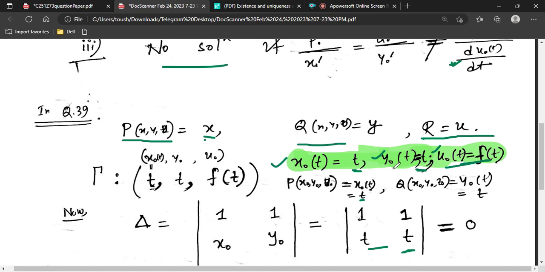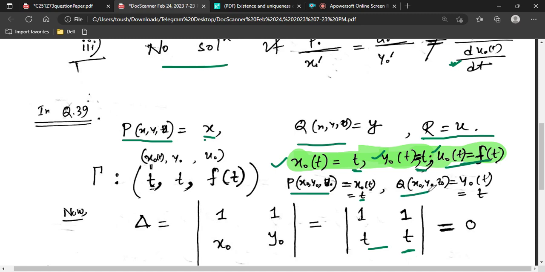Now if this is your (x0, y0, u0), what will be your p0, q0 and r0? Your p is x, so p(x0, y0, u0) will be x0, and this x0 is given as t. So your p0 will be t.